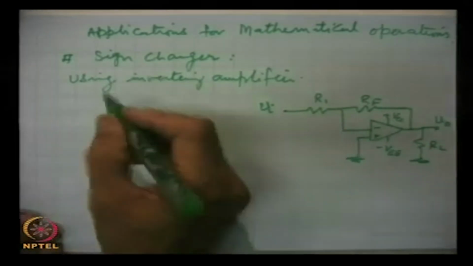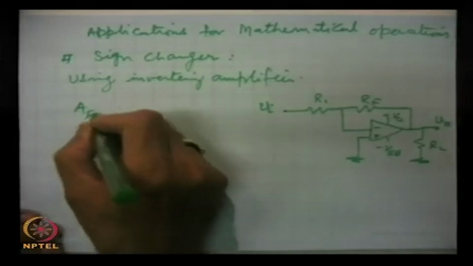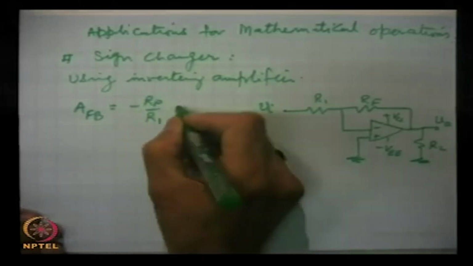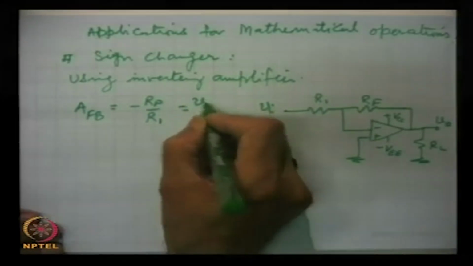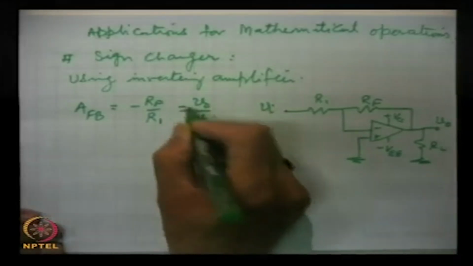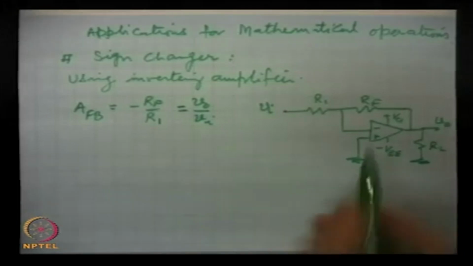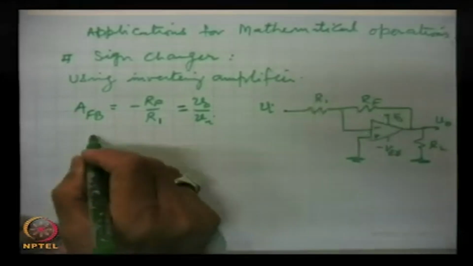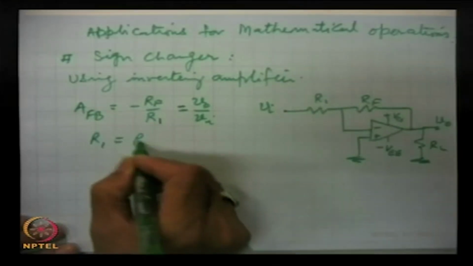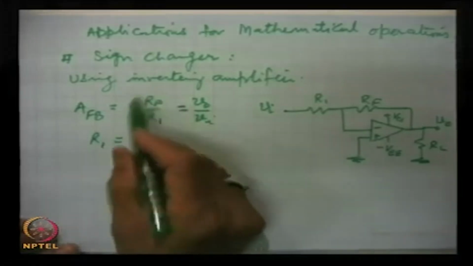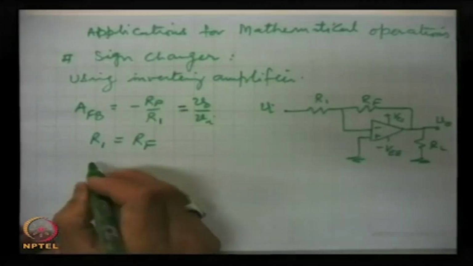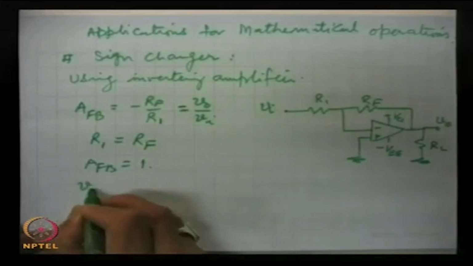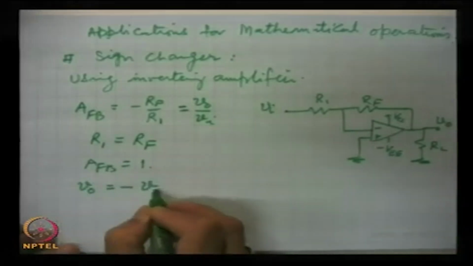In this, the gain, you remember, the gain is minus Rf by R1, and which is equal to V0 output by input voltage. Now, if we choose here the two resistances as of same magnitude, so R1 is equal to Rf, then this term will be unity, and gain in this case will be 1, and V0 will be minus Vi.